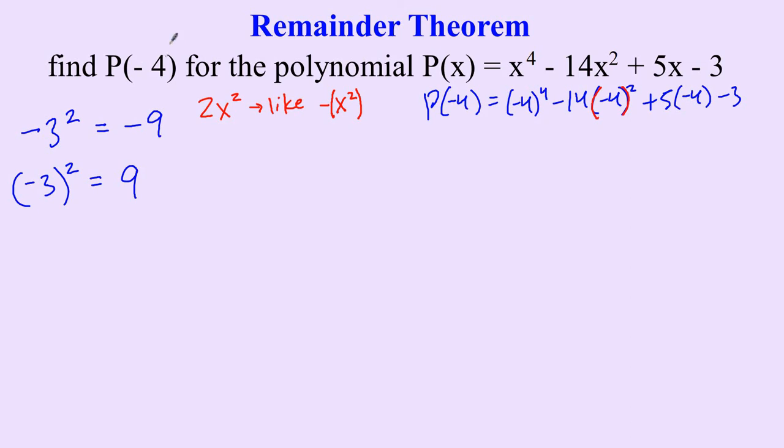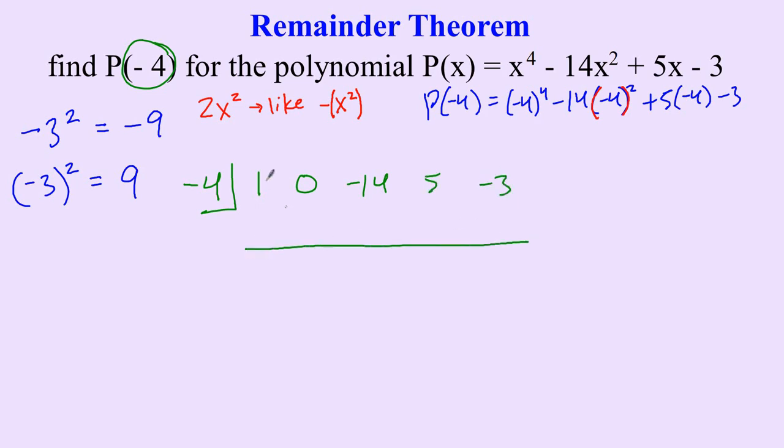What we do is we put the negative 4, what we're plugging in, then we still list our coefficients: 1, 0, negative 14, 5, and negative 3. And then I just do synthetic division. So we multiply, we add, we multiply, we add, we multiply, we add, we multiply, we add. Guess what happens when I plug in negative 4? My answer is 9.